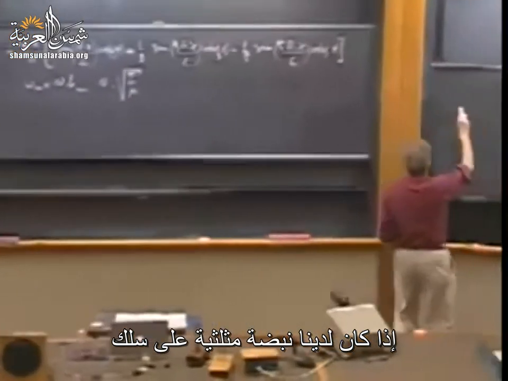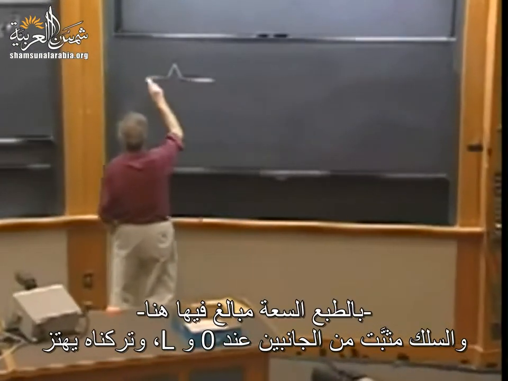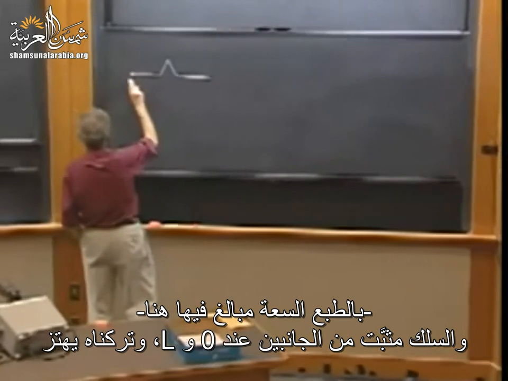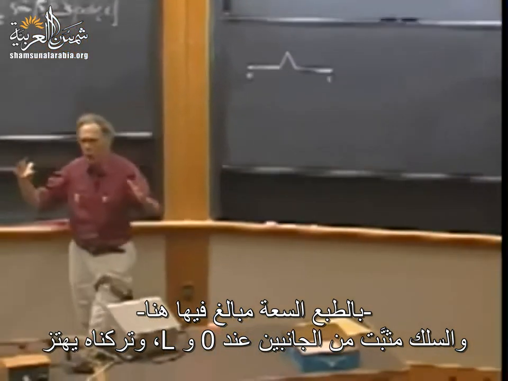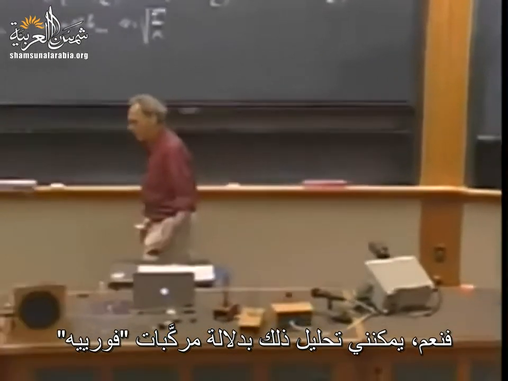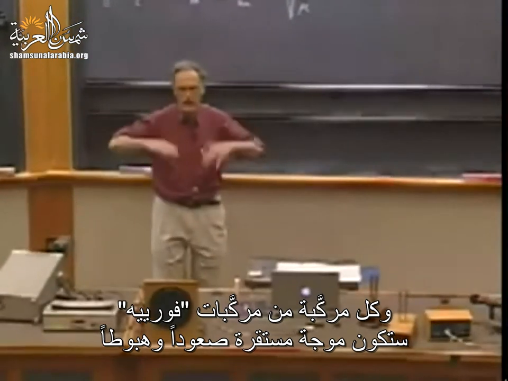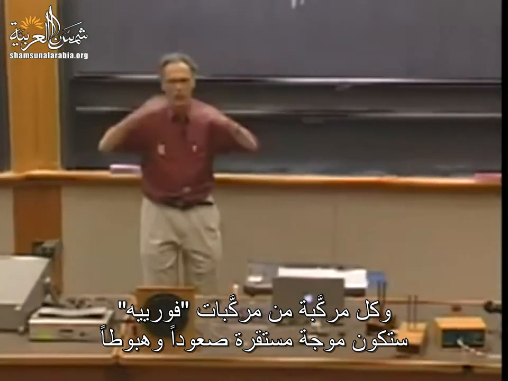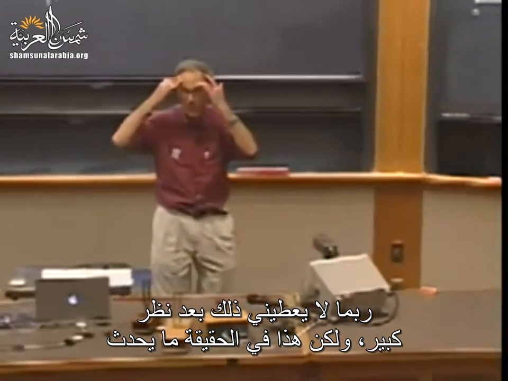If I have a triangular pulse on a string, I exaggerate the amplitude highly, fixed here at 0 and fixed here at L, and I let it go, yes, I can decompose that in terms of the Fourier components, and each of these Fourier components goes like a standing wave up and down. It doesn't give me much insight, but it is intriguing that that's what happens.